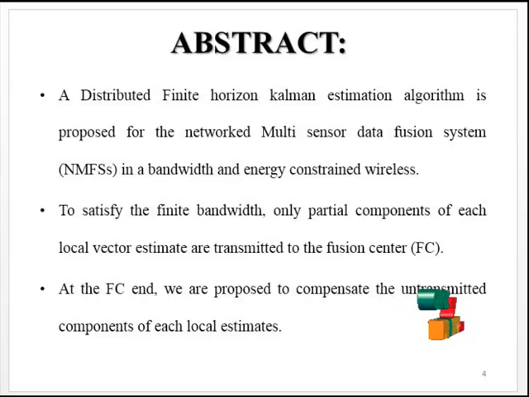To satisfy the finite bandwidth, partial components are used. Those partial components are declared in the fusion center to provide communication on a constrained bandwidth and energy through the wireless network. The information from the channel is to be estimated for the random distribution across wireless sensor networks.